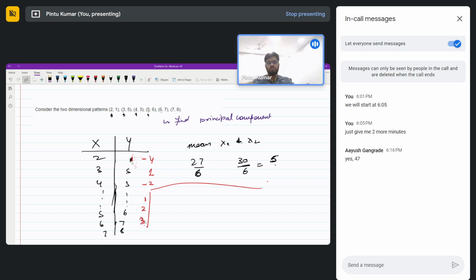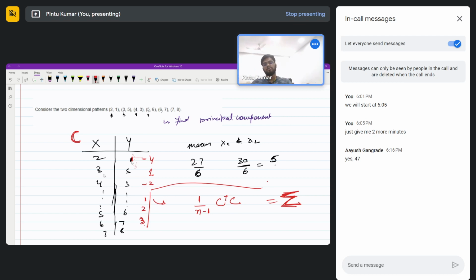I'm not sure I'll do all the calculations. After you have obtained the mean value, you subtract it from the corresponding column. Let's say this is matrix C, then you can use 1 upon n minus 1 times C transpose C to obtain your covariance matrix. After you obtain your covariance matrix, you will find its eigenvalues and eigenvectors to decide upon your principal components.